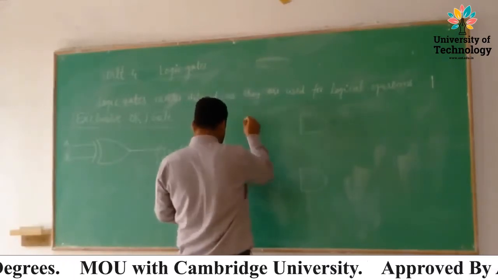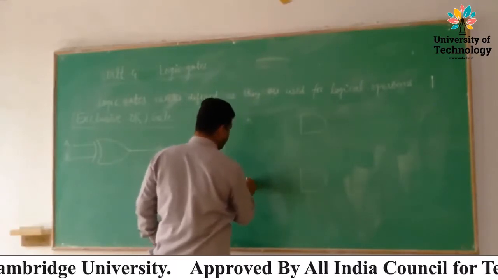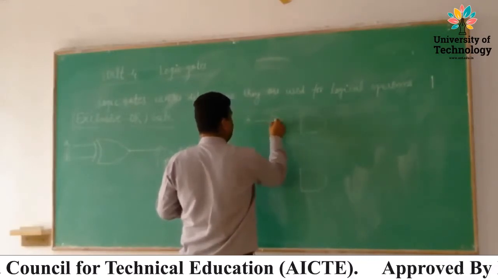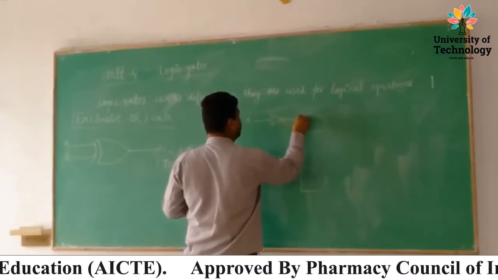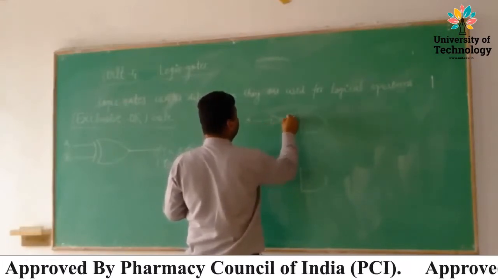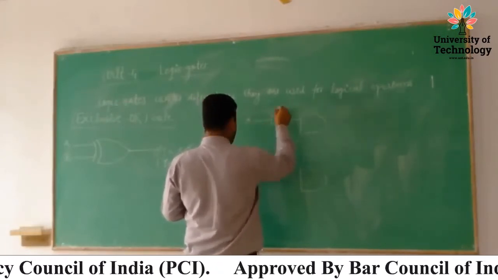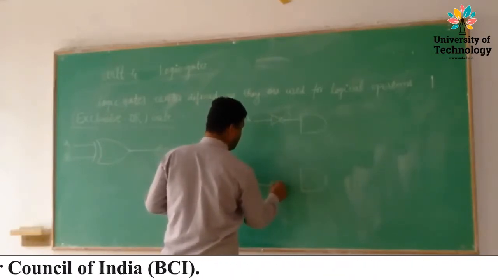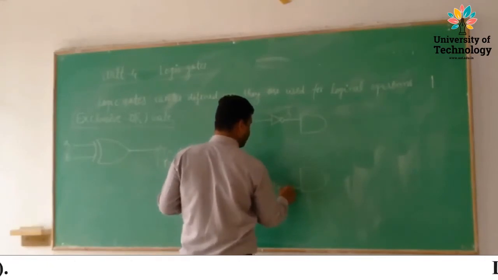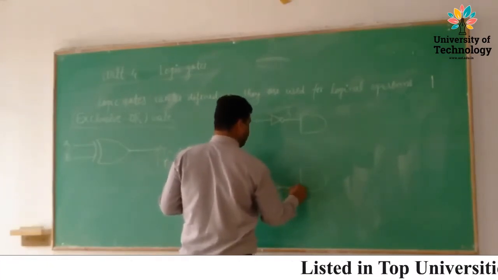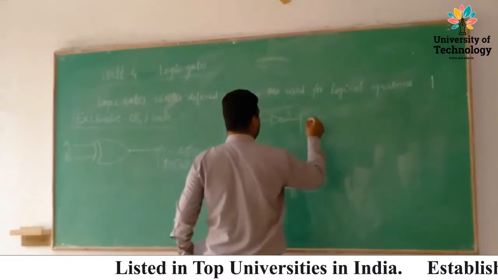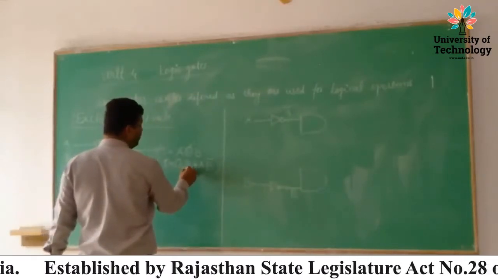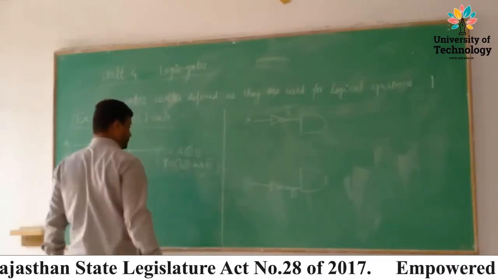Input A, here input B. After applying the NOT gate we will get here A bar, and here after applying the NOT gate we will get B bar. Our aim is to obtain A bar B plus A B bar.